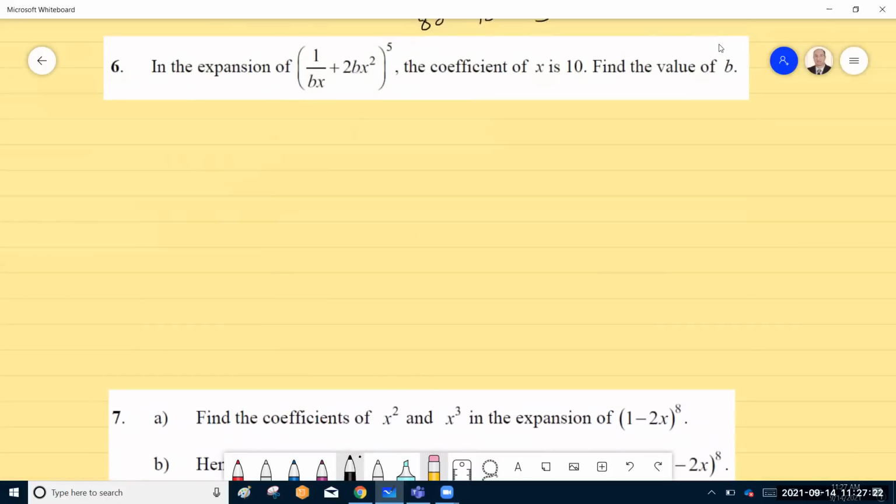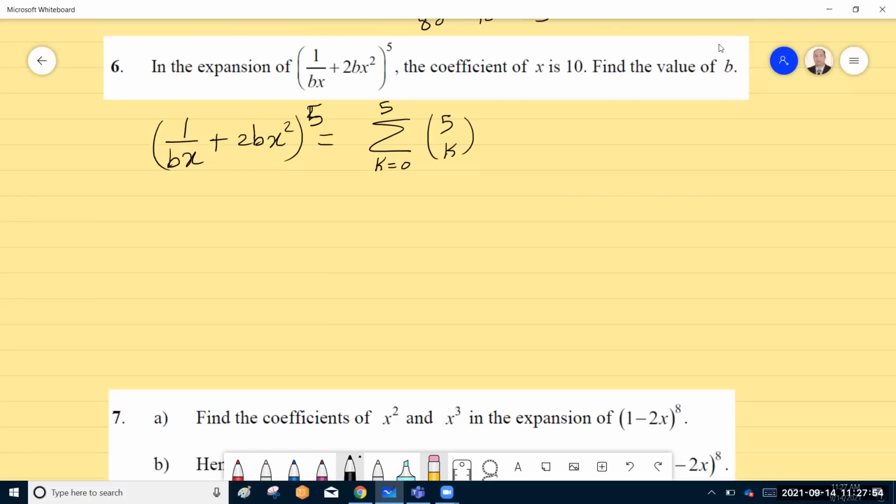In the expansion of this, the coefficient of x is 10. Here, it's better to use the binomial expansion definition, the sigma notation for the binomial, as you will see now, with x squared to the power of 5. Just write sigma from k equals 0 to 5 of 5ck, you can check the rule in your book.